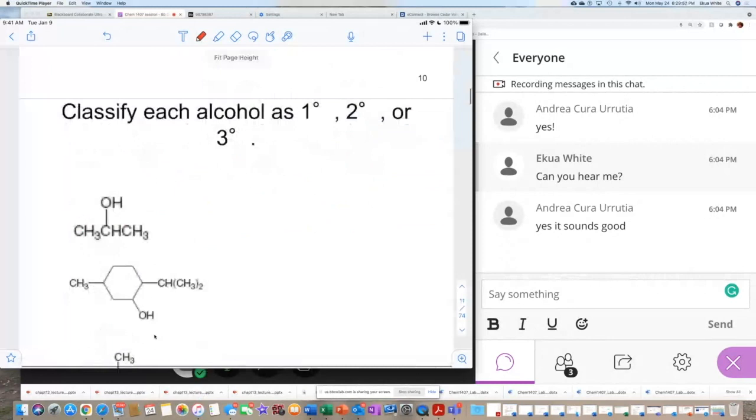And then we're continuing here. Classify each alcohol as primary, secondary, or tertiary. Okay. Once again, I feel like the hydrogens are somewhat in the way, so I'm just going to draw it without the hydrogens. So for this one here, the carbon in the middle, right, attached to the OH on top. On the right side is a carbon.